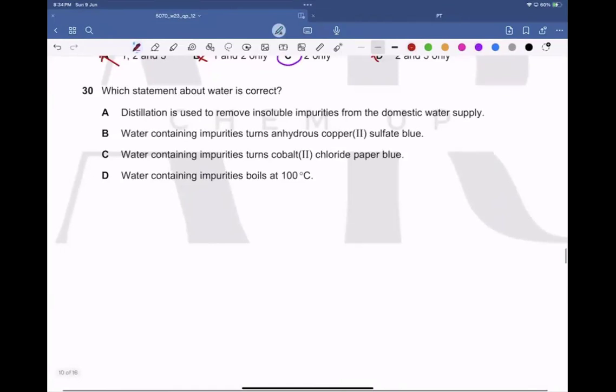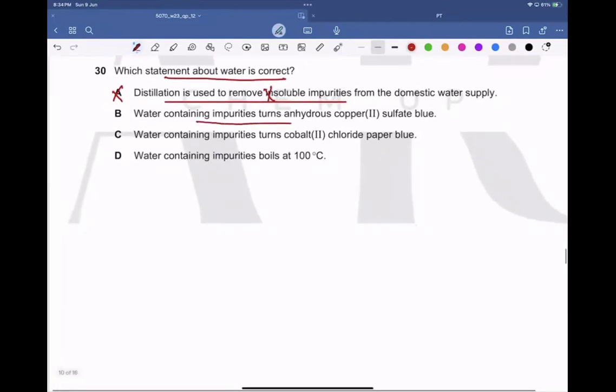Now, question number 30. Which statement about water is correct? Distillation is used to remove insoluble impurities. No, distillation is used to remove soluble impurities. So A goes wrong. Water containing impurities turns anhydrous copper sulfate blue. Yes, if there is water as an impurity, it can turn anhydrous copper sulfate blue.